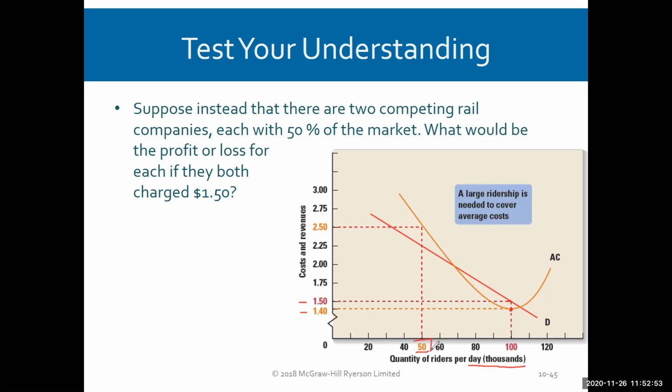Given that they're similar types of industries, they probably have a similar average cost curve. With 50,000 riders, the average cost per rider could be well up here at $2.50 per ride, and the market would only bear a price of $2.25 per ride. So in that case, with two companies competing, they'd both be making losses. That's not a good solution at all.